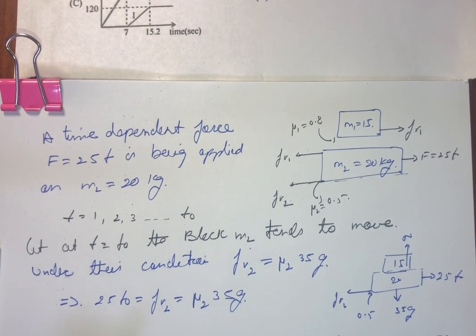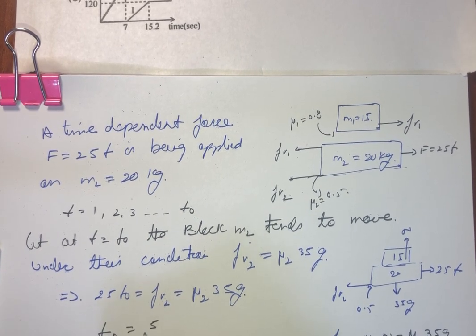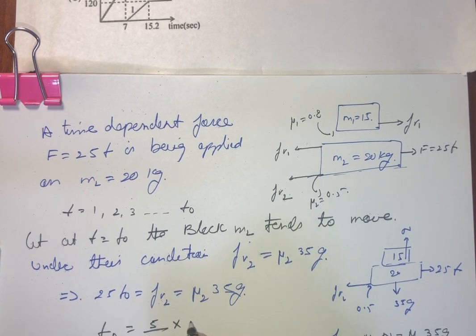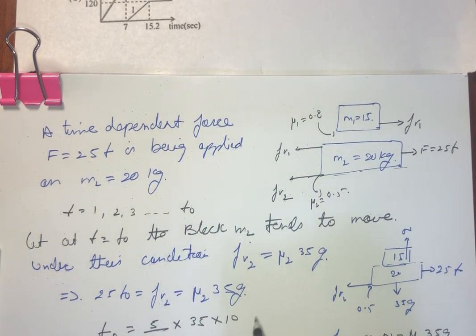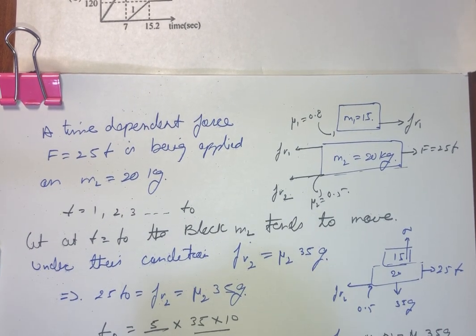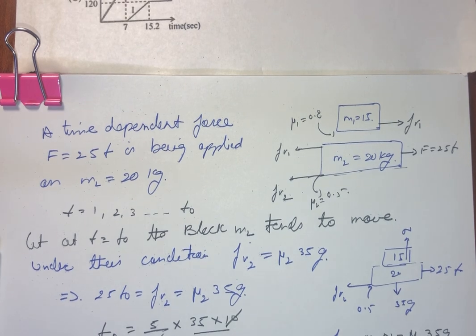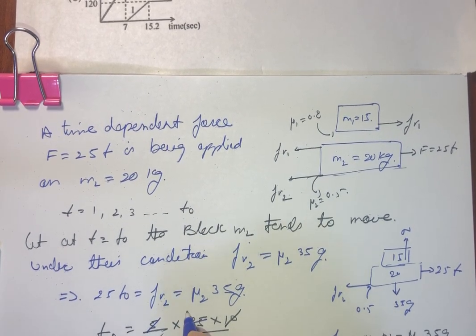So from here we can find the value of T0. T0 is mu2, which is given as 5 by 10, times 35 into 10, divided by 25. 10 goes with 10, and this comes as 7.